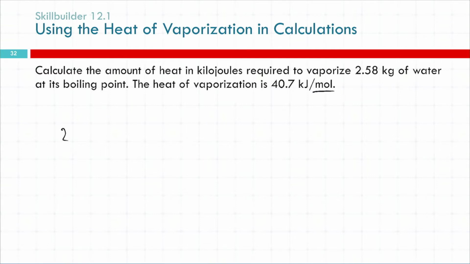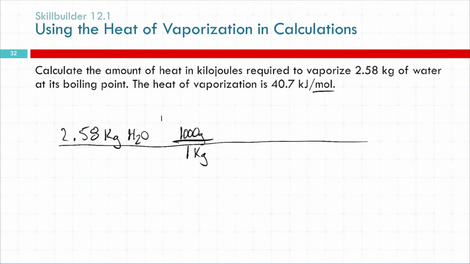So I have to take our 2.58 kilograms H2O, and we are going to first convert this to grams because our molecular masses are in grams per mole. So 1 kilogram is 1,000 grams. I'm going to use one of these. It's actually the way I prefer to do these stoichiometry problems.